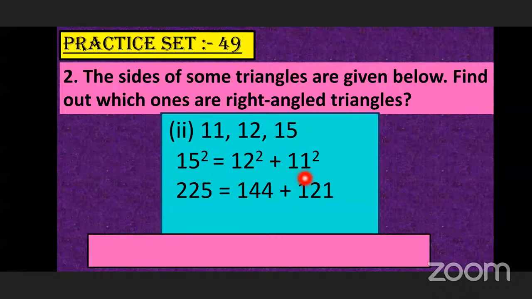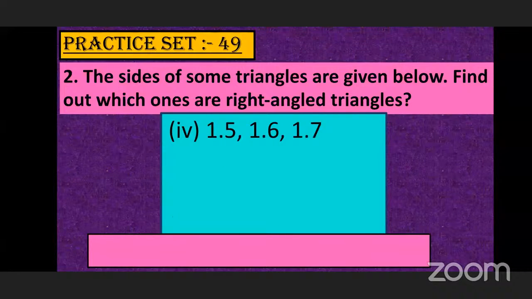Just check, children, whether it is making a Pythagorean triplet by adding these two numbers. No, this is not a right angle triangle, because the sum of these two numbers is not equal to 225. Therefore, it is not a right angled triangle.